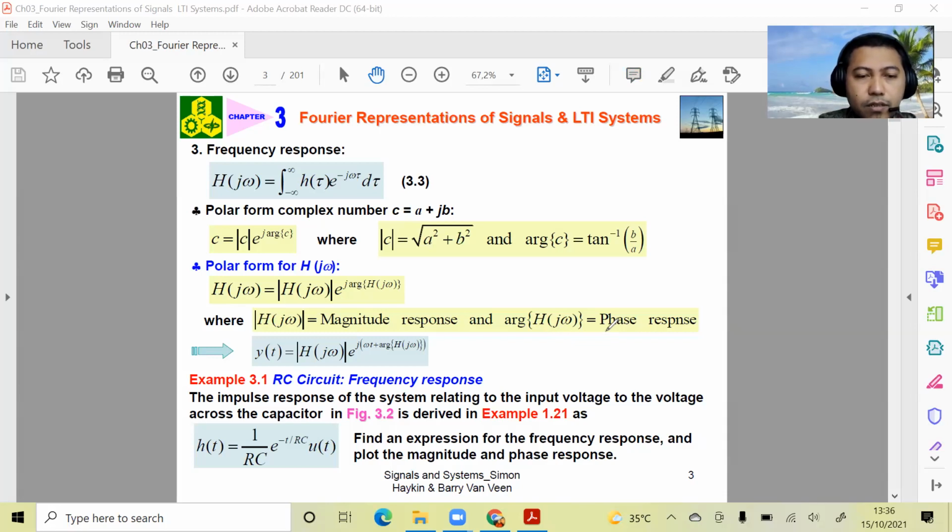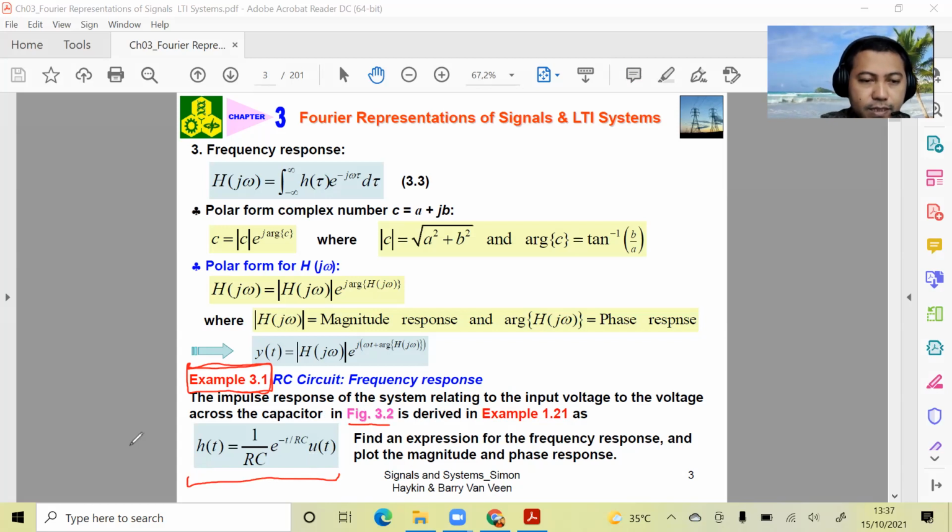I will directly go to example 3.1. This is in your PowerPoint that I already shared. The impulse response of the system relating the input voltage to the voltage across the capacitor in figure 3.2 is derived in example 1.29 as like this.